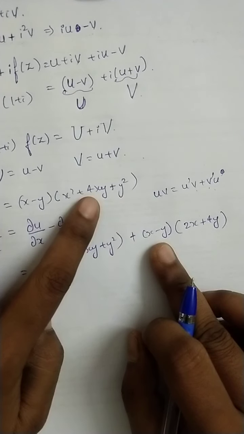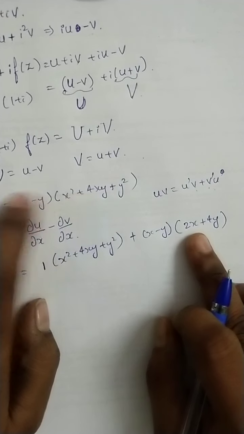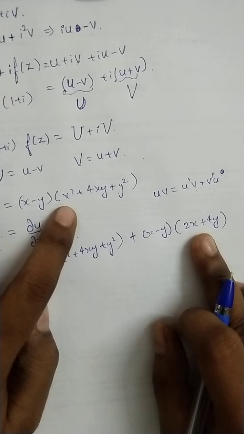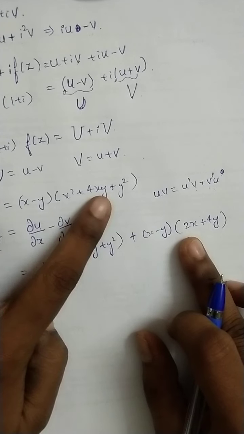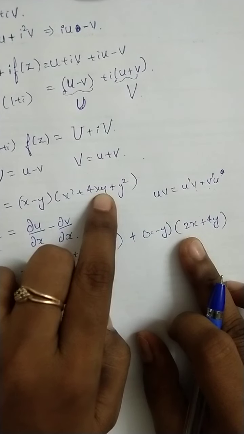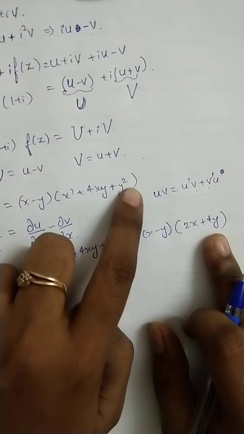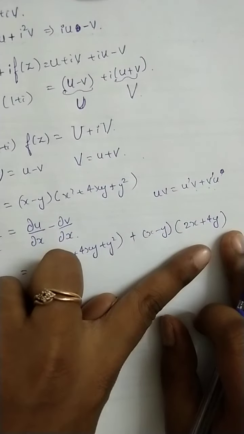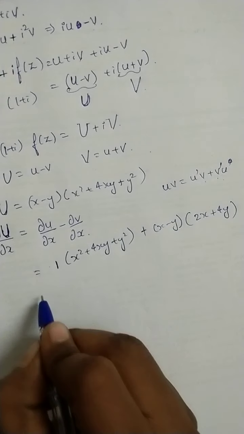We differentiate the v part and write u as it is. So differentiation of x square is 2x and differentiation of 4xy is 4y, and here y is considered as a constant because we are differentiating with respect to x, so it is 0. Okay, so this is our equation.